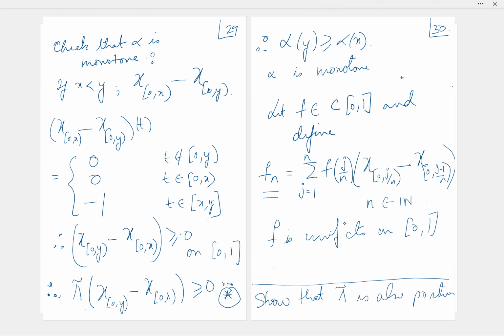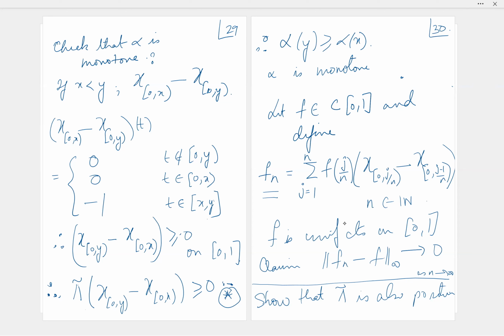And I make this claim. Please note that Fn need not be, and is in fact not, in C01. But we also have the larger space B01, bounded functions on 0, 1 with the same infinity norm. Now we are saying that Fn should converge to F as n goes to infinity.